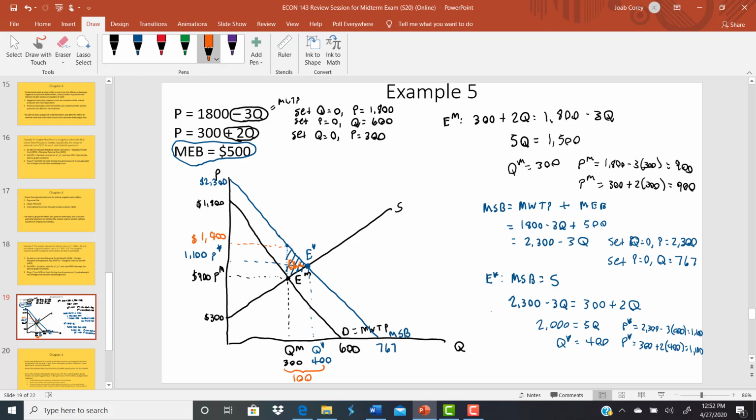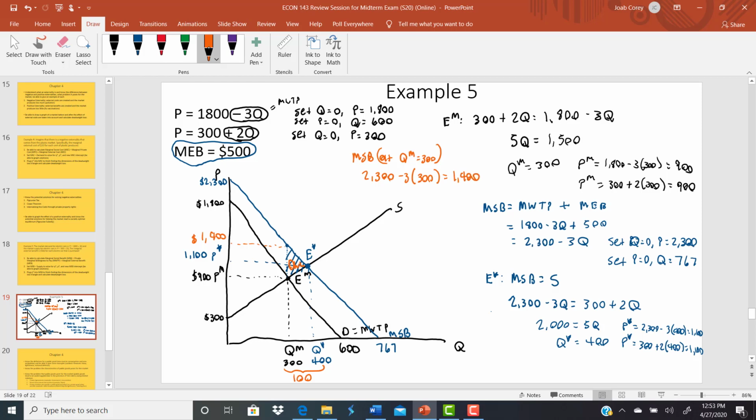Now, if you can't remember to do that, then you just look at your marginal social benefit curve at that QM equal to 300. Now we're just going to plug QM into our marginal social benefit curve. So it's 2,300 minus 3 times that QM of 300. That's 2,300 minus 900, which is indeed 1,400.